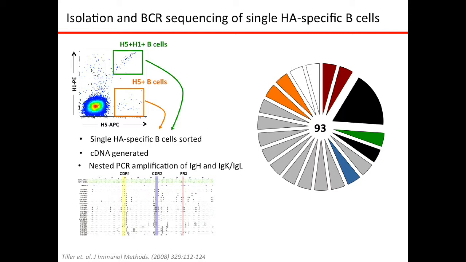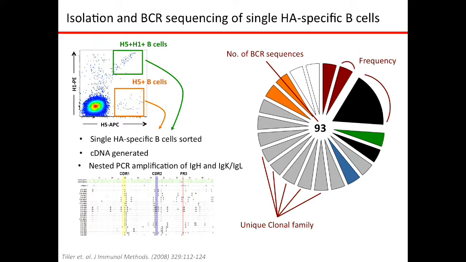In the center figure is the number of clones that we got from a certain individual. Each pie is a unique clonal family, and the size of the pie is the frequency of that clone that we found within the population.